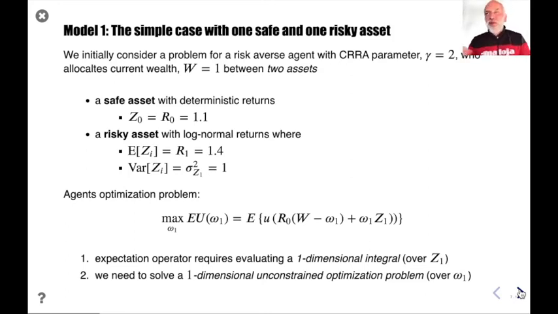We want one of them to be an asset with a stochastic return, so that we can try to see if we can solve an integral. And then we assume that the other asset has a safe return. So in terms of our notation, we can assume that Z naught, or asset zero, is a safe asset. It always gives the return R naught, which we put equal to 1.1. So you always get a 10% return on your money.